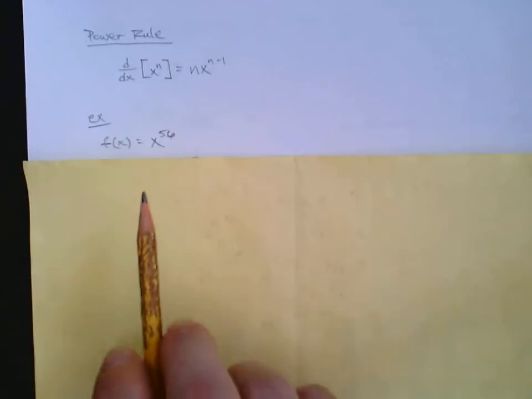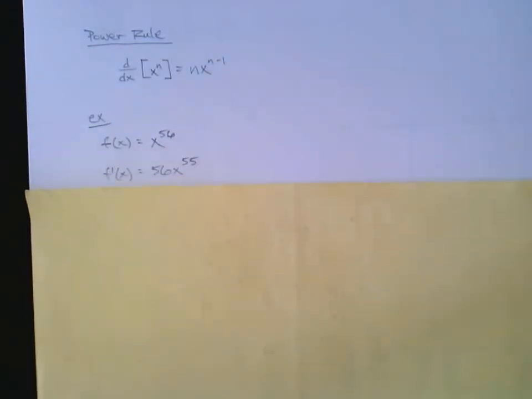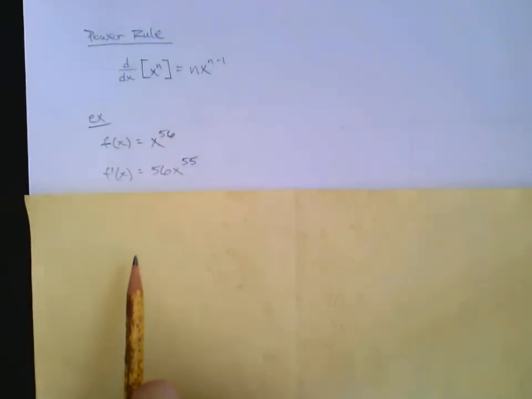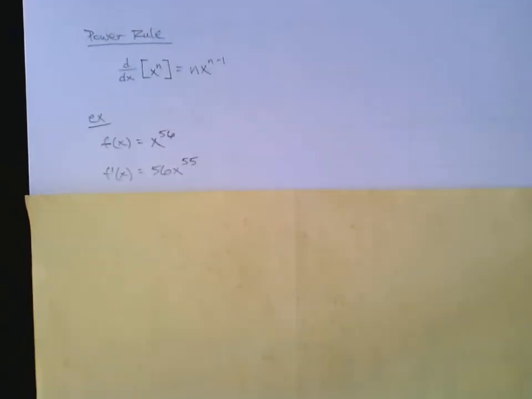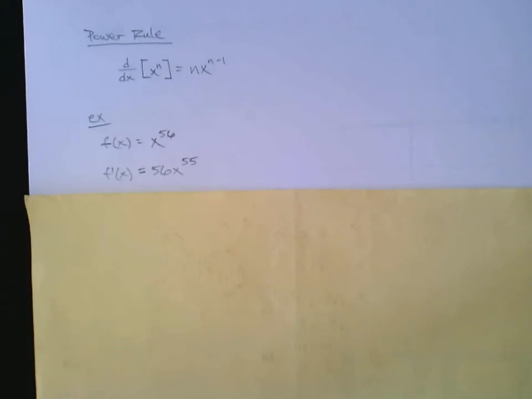So the formula comes in handy. What is the derivative there? F prime of x, if we follow that formula, would be, well, the 56 would move down in front, and we'd drop the power by 1. 56x to the 55. Done. We got it. No other steps in between. That's it, now that we know the power rule.